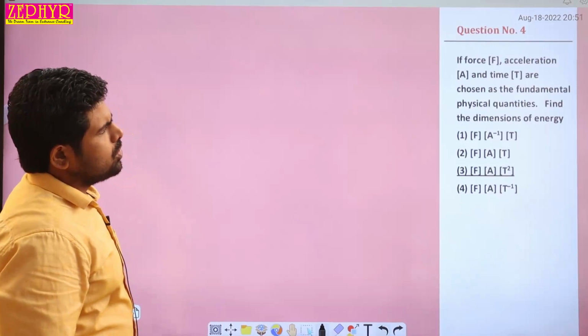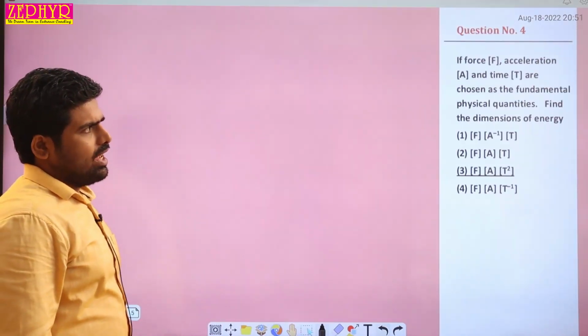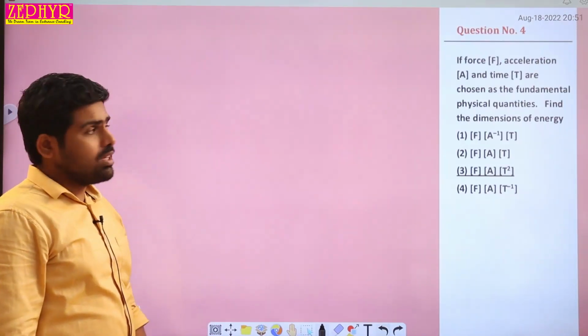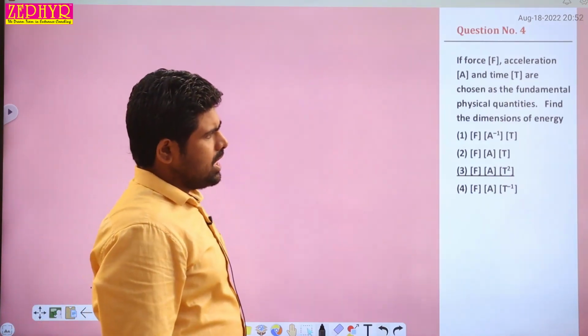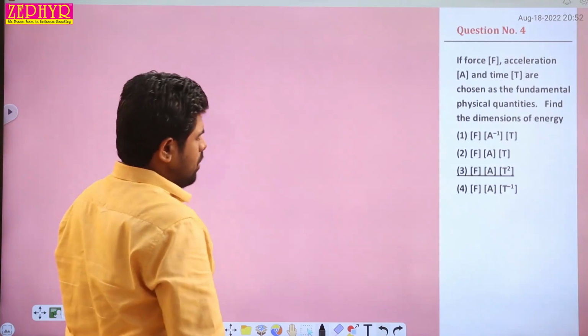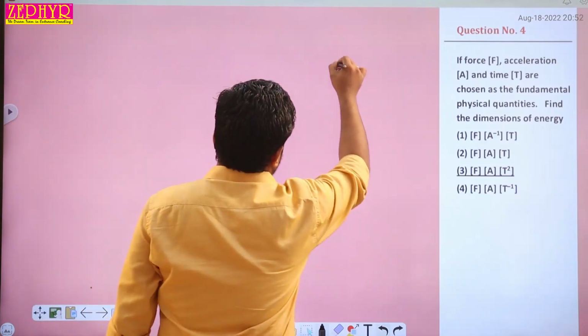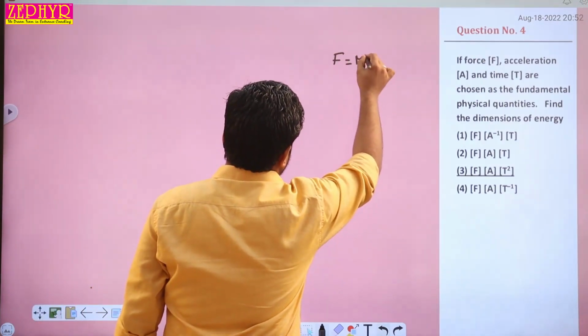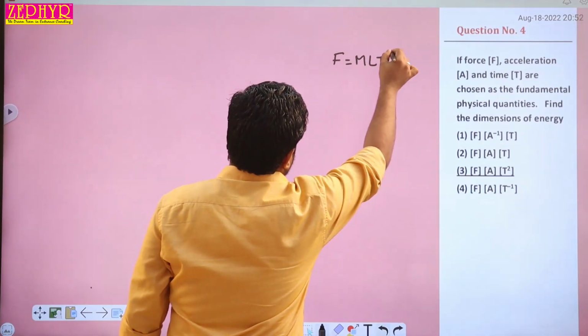Then, students, our fourth question: if force F, acceleration A, and time T are chosen as the fundamental physical quantities, find the dimension of energy. Here we know the dimension of force is equal to m L t raised to minus 2.